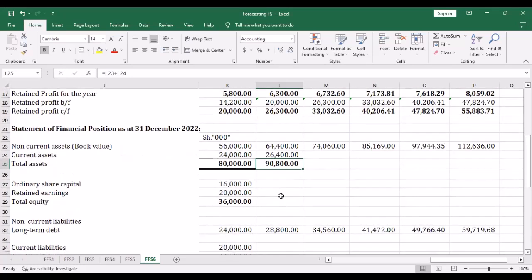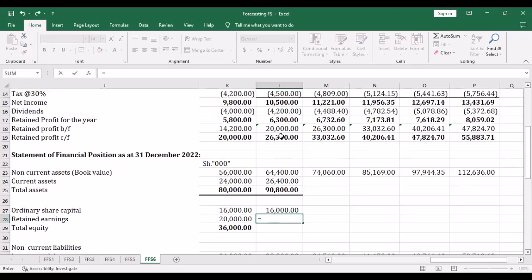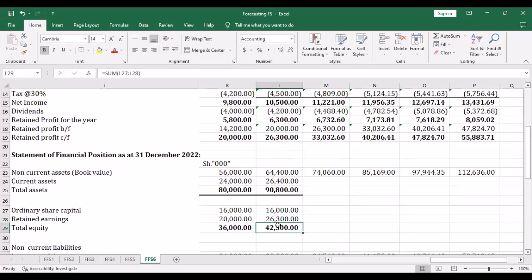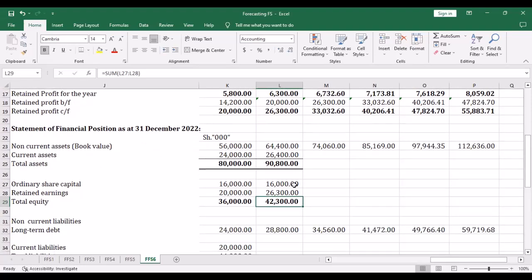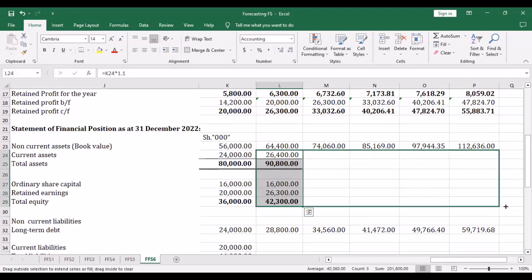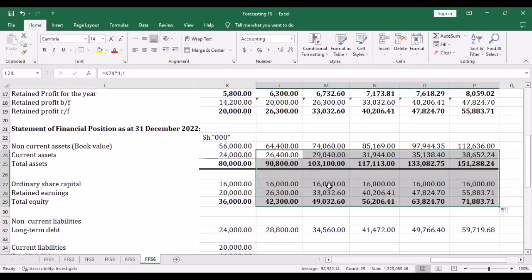So remember, this one will remain constant, while this one will now be carried forward. So for the year will be this one that way. Then here it is just a summation. So Alt equals, Control Enter, Control Bold. Then maybe I can fill out the rest.